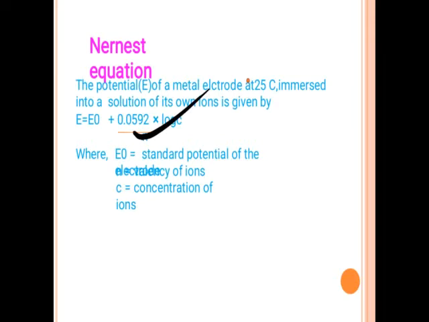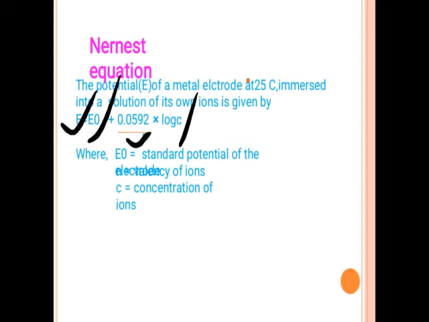E is equal to E0 plus 0.0592 divided by n into log of C, where E is the potential difference or the reduction potential, E0 is the standard electrode potential, which is the starting point, or present initially, small n is the number of electrons, and C is the concentration of the given analyte or the given sample.